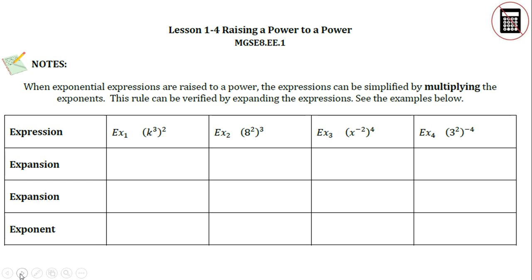So we're going to show how we verify this rule by expanding our expression. Now notice, we have a power raised to a power. So my first expansion is we're going to expand the 2. So we have k to the third, k to the third.